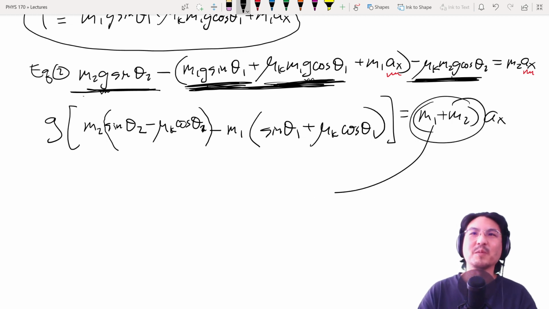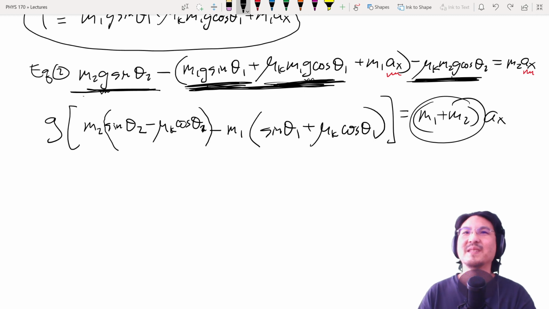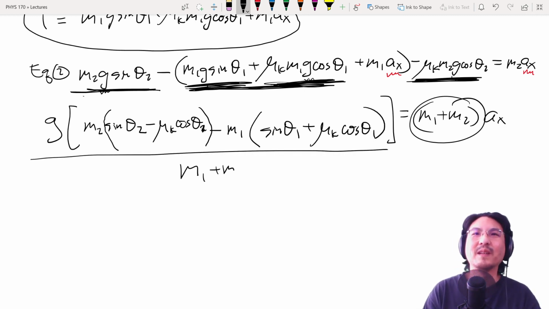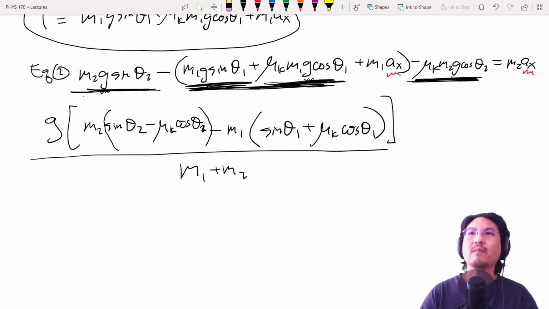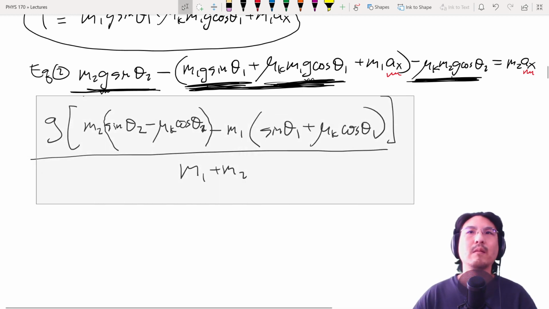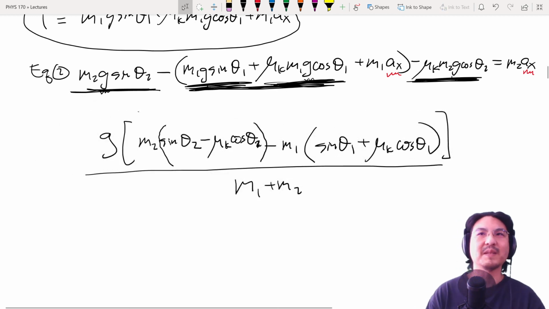And then I can take this and move it in the denominator. So instead of me rewriting this whole thing, I'm just going to put this right here. There you go. So this is ax. Let me just move it over. There you go, this is ax.